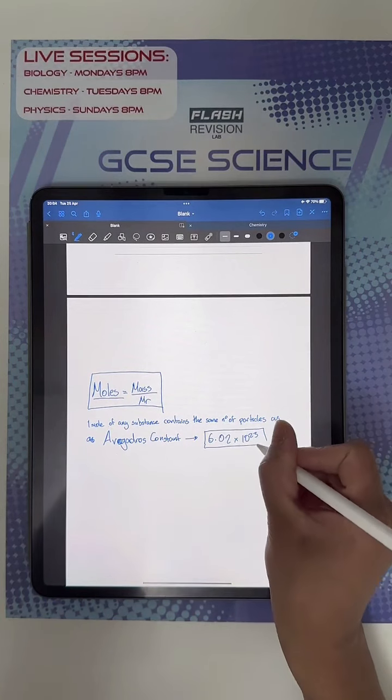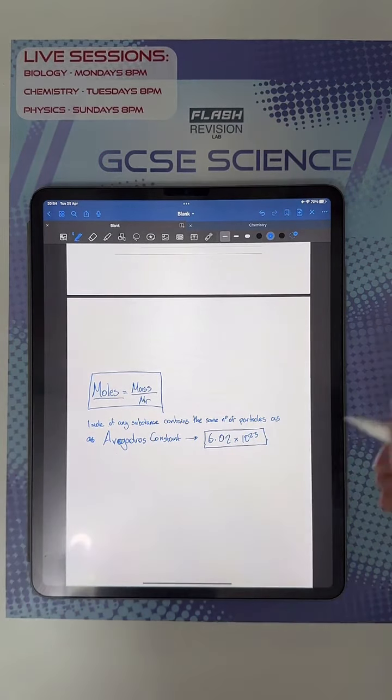So that's how many particles you have in 1 mole of any substance, no matter what it is.